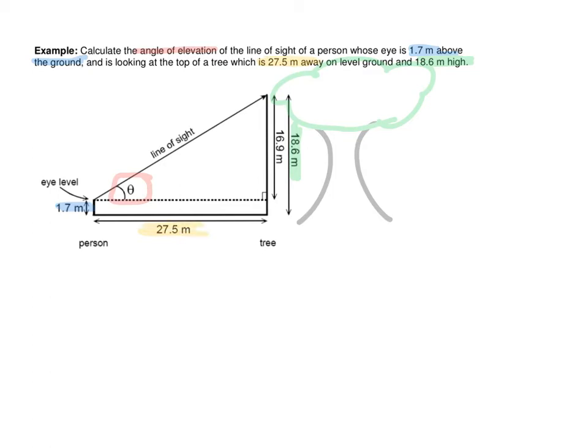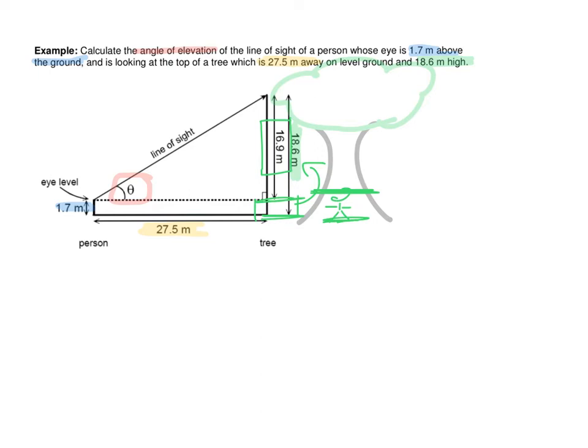Now you'll notice there's another measurement over here, and that's because we have to take 1.7 meters away from the 18.6 meters, meaning the height of our triangle will actually be 16.9 meters. And that's just because the person would already be standing 1.7 meters tall, so we have to start the triangle where their eyes are, not down where their feet are.